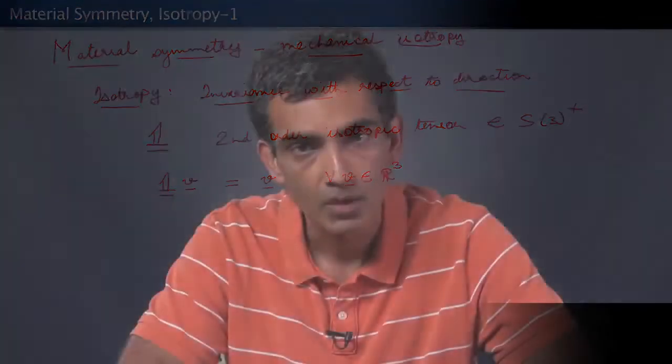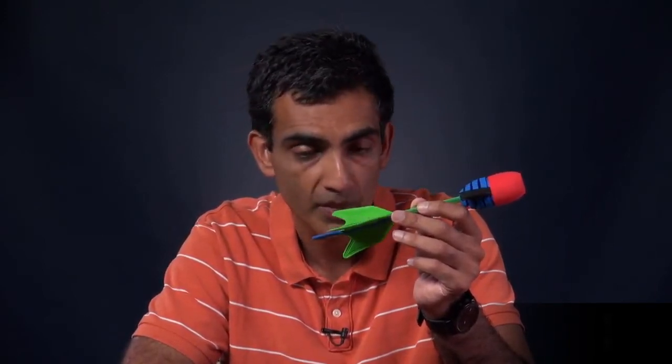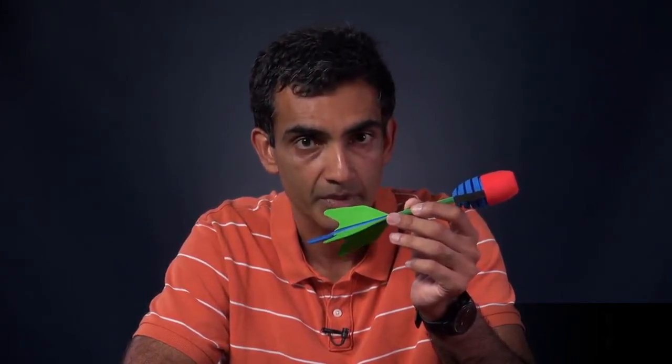Okay, so what this is saying is that to this particular operator, that vector, when operated upon, just stays the same with respect to direction. It turns out to be the same with respect to magnitude as well, but right here we're focusing on the directional aspect of this property.